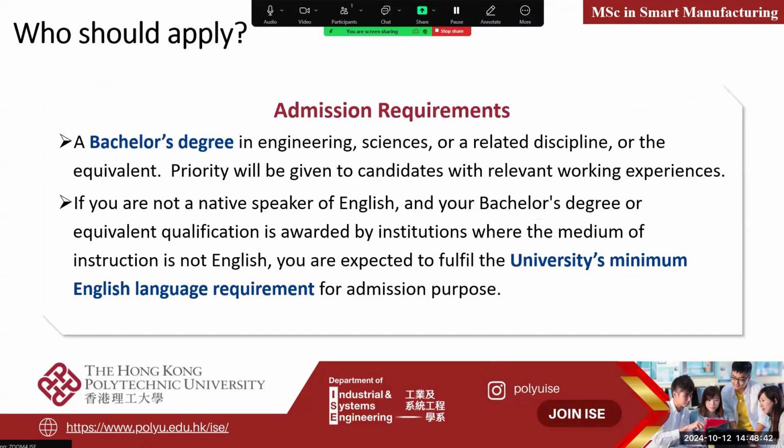And also the admission requirement is a bachelor degree in engineering, science or related disciplines.